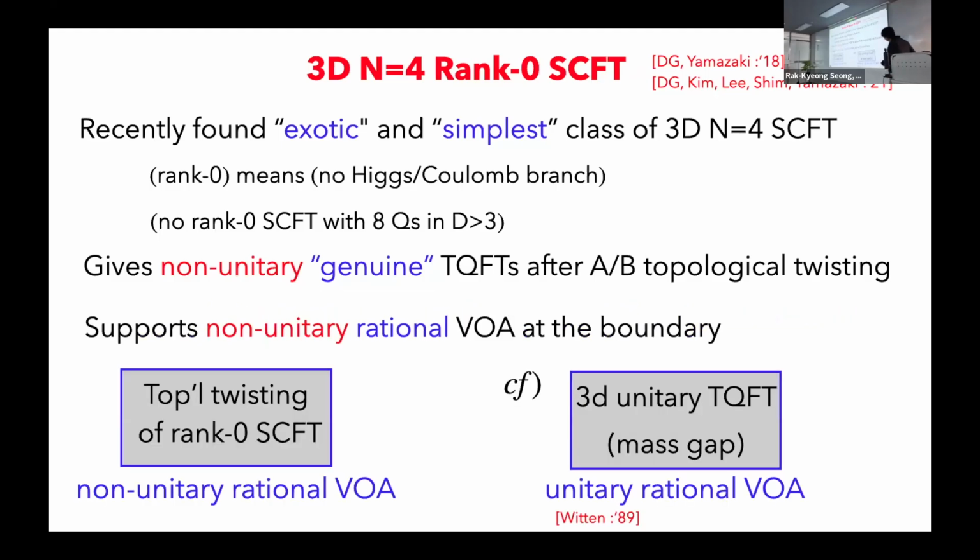Another nice thing about this length 0 CFT is that it supports a non-unitary rational VOA at the boundary. For unitary cases, it is very well known that a unitary case, such as a fractional quantum Hall system, allows some chiral edge modes, which are described by rational VOAs.